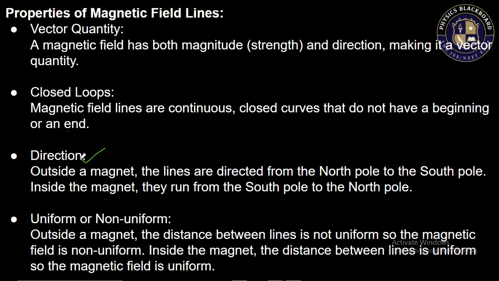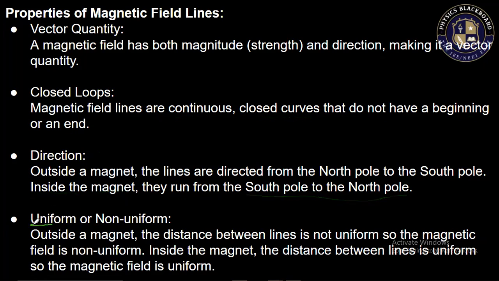And coming to the direction, we have seen two different directions, that is outside a magnet and inside a magnet. Outside a magnet, the lines are directed from north pole to south pole. But inside the magnet, they run from south pole to north pole, right?